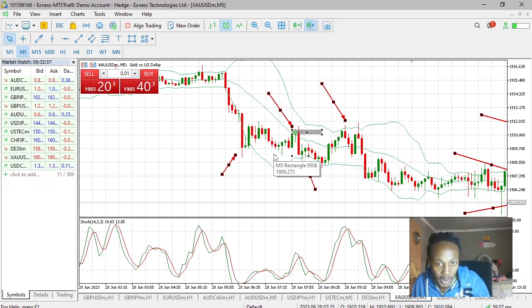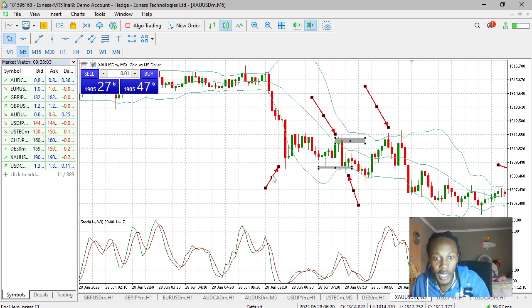It hit your SL. So you can see overall, being honest, I don't want you guys to say I'm giving you something that I'm trying so hard to sell. I'm not actually trying so hard. I just want to show you that you would have lost this trade.